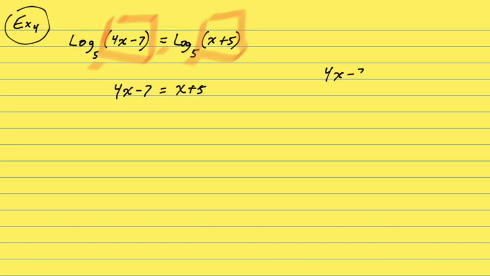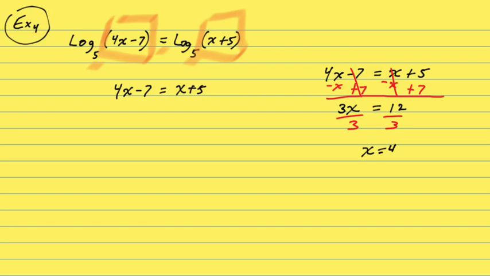Subtract x and add 7. I subtracted x to make 3x. I added 7, and that gave me 12. Divide by 3, and that tells me my answer is x equals 4.